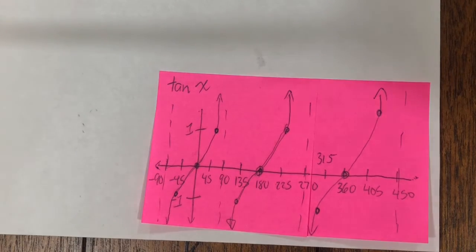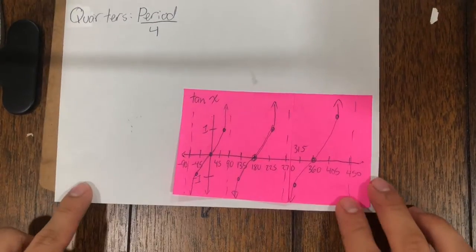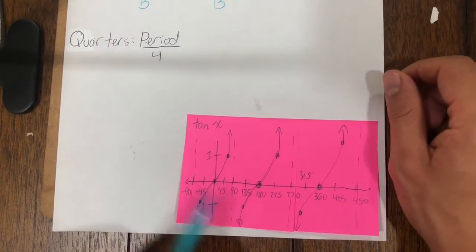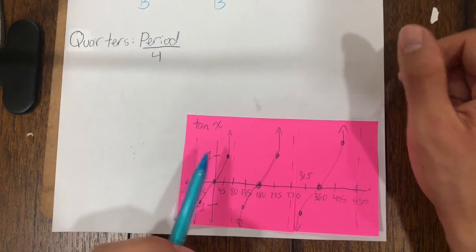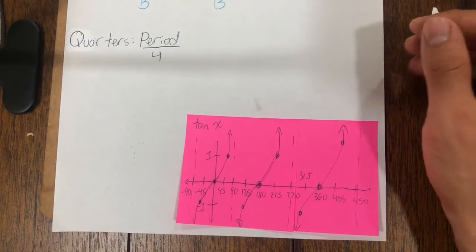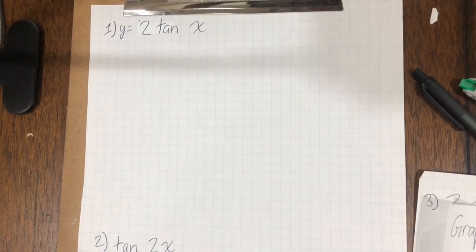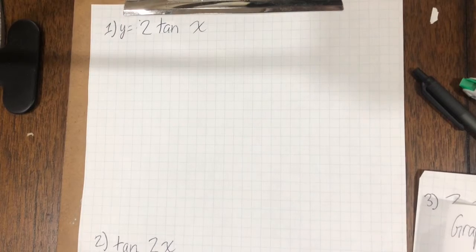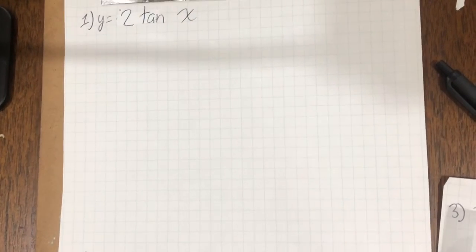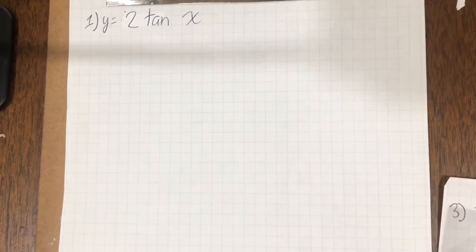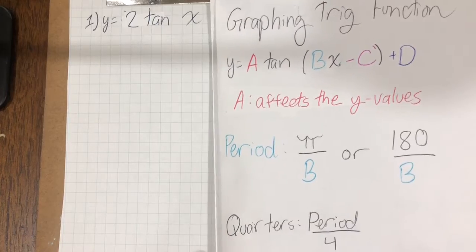So we're going to be using the pattern for the original graph of tangent to graph my new functions for tangent. Let's take a look at number 1, which is 2 times tan of x. All we have is a 2 in front of the tangent.